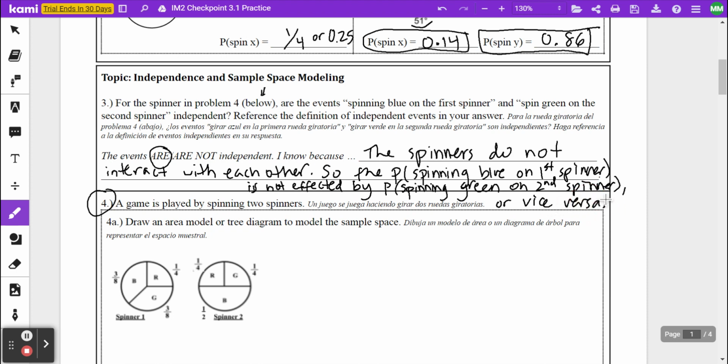Vice versa just means the opposite, the converse, is also true. Spinning green on the second spinner does not impact spinning blue on the first spinner.